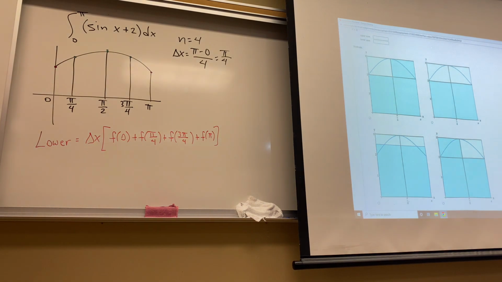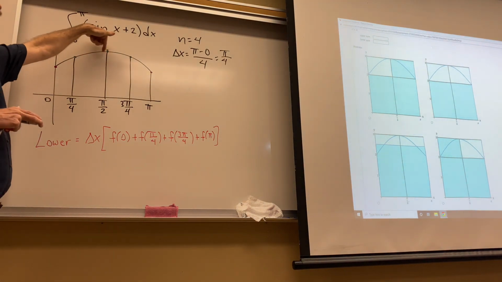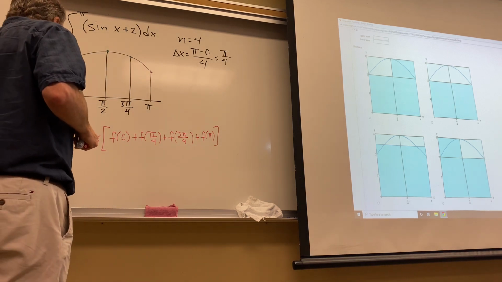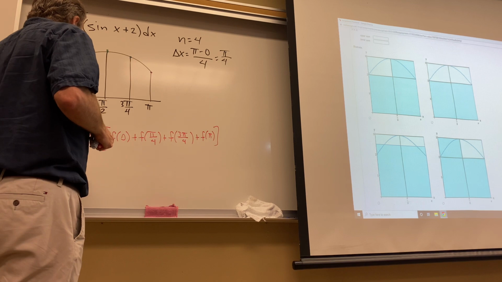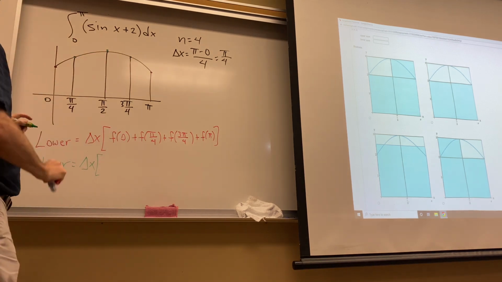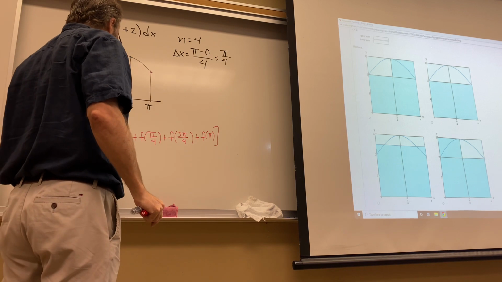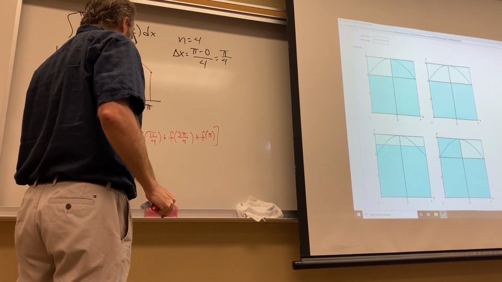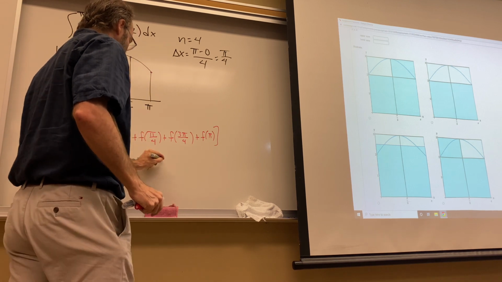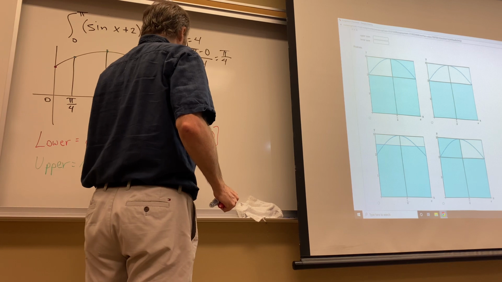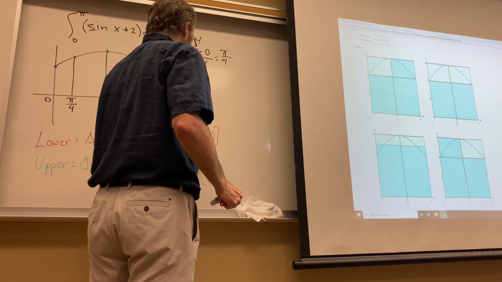And it's not even a problem that this point gets shared by both regions. So now our upper sum is going to be delta x times the 4 green dots: f of pi over 4, f of pi over 2, f of pi over 2, and f of 3 pi over 4.